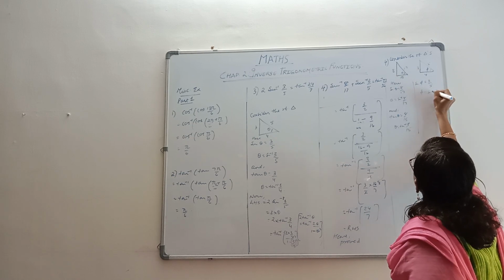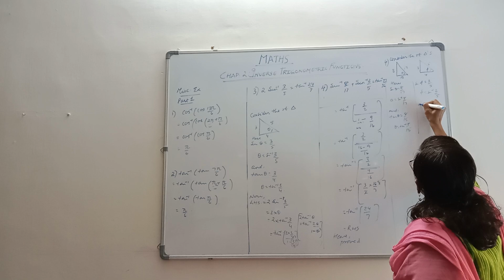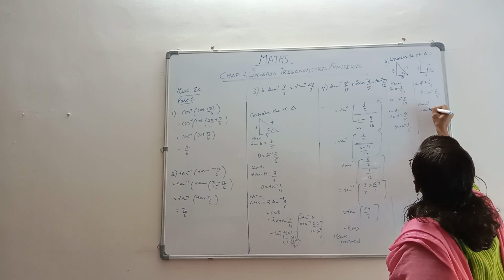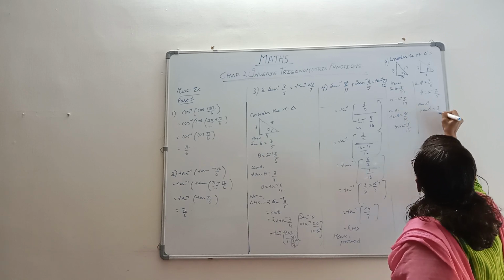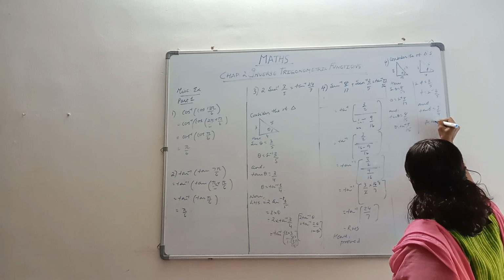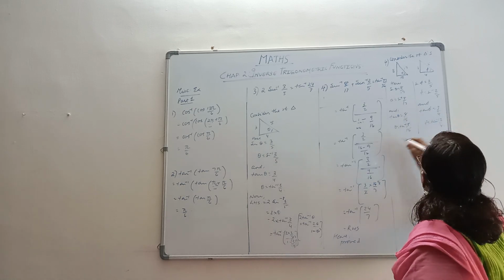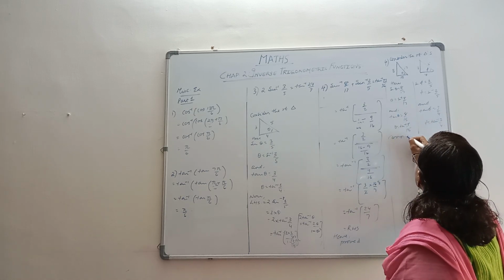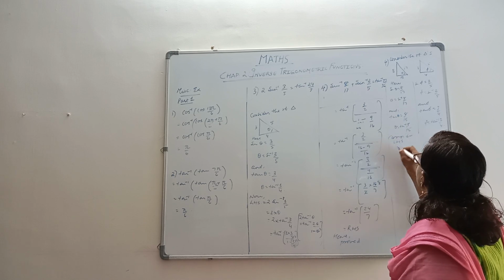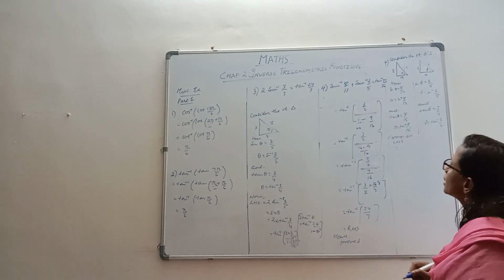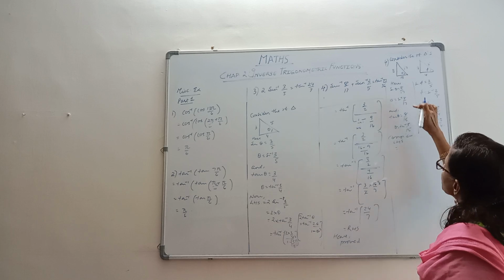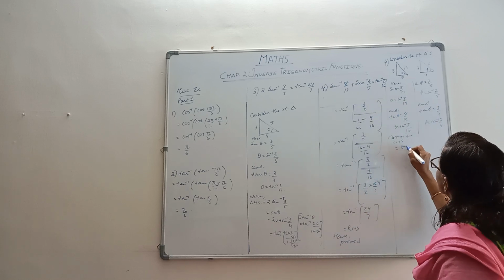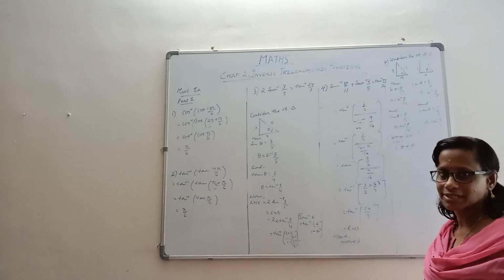Phi is sine inverse of 3 by 5, and tan phi is 3 by 4, so phi is tan inverse of 3 by 4. Consider LHS. In terms of this, the LHS is going to be theta plus phi.